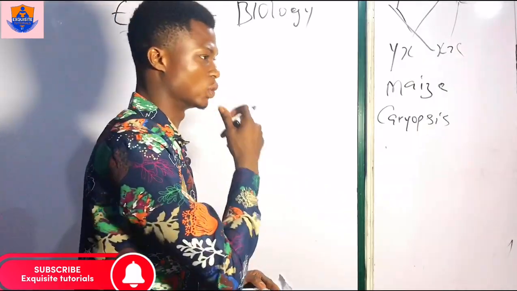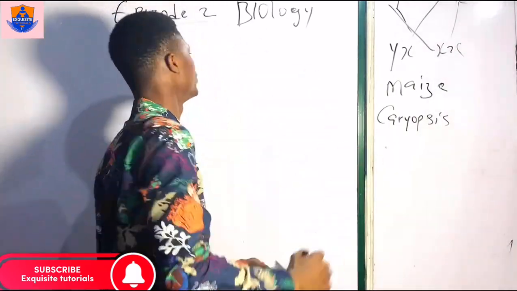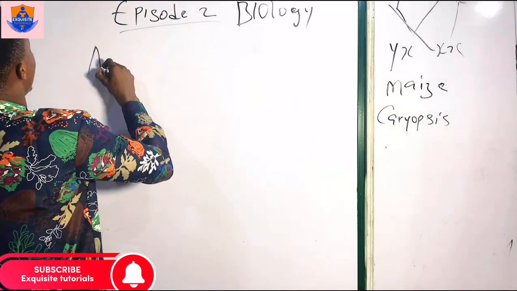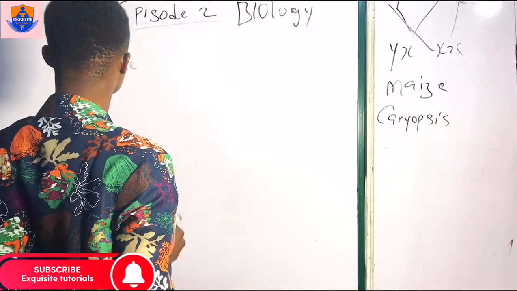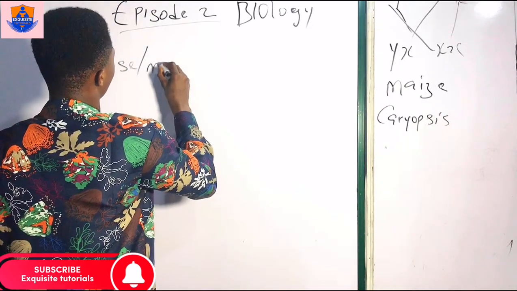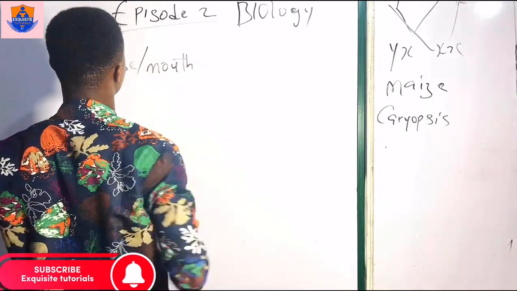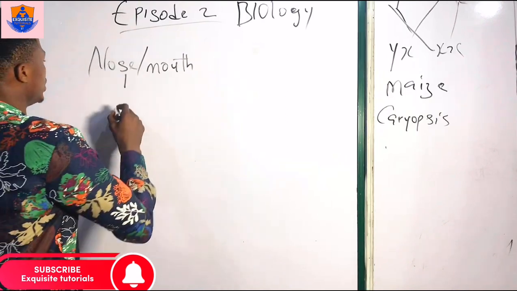Let me explain this to you. Once you understand this, whenever you see any question like this, you will definitely get the right answer. We have the nose or mouth, then we have the trachea.